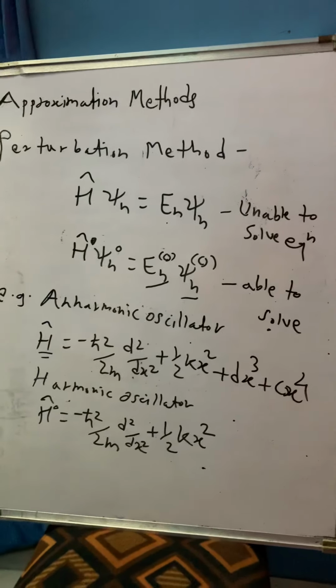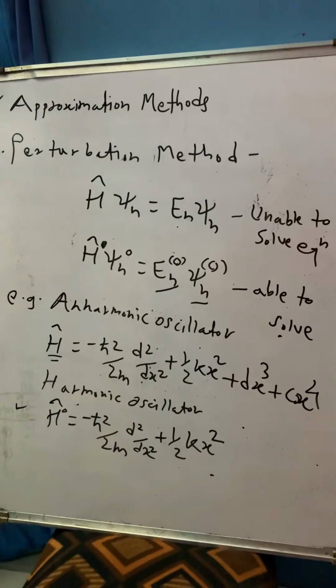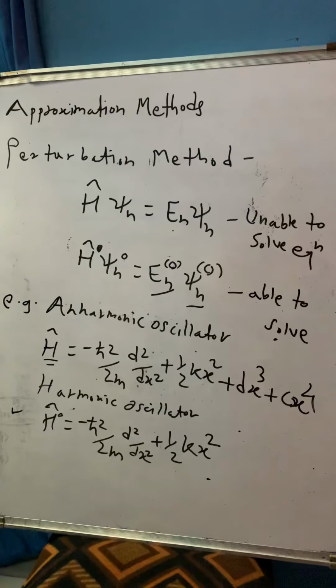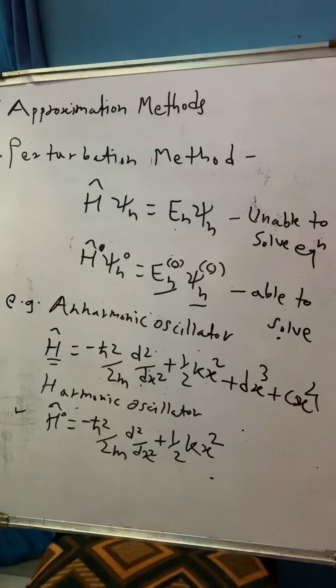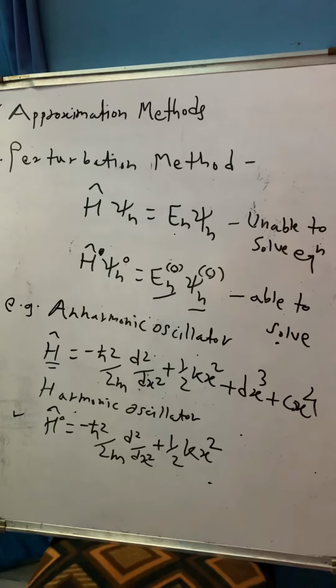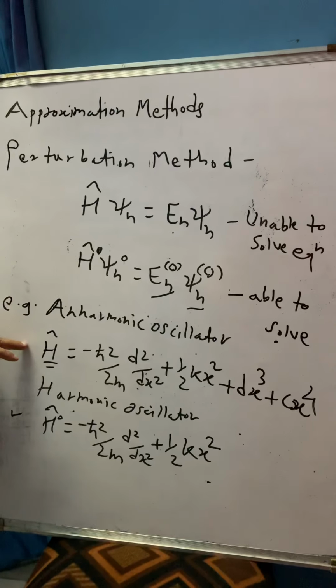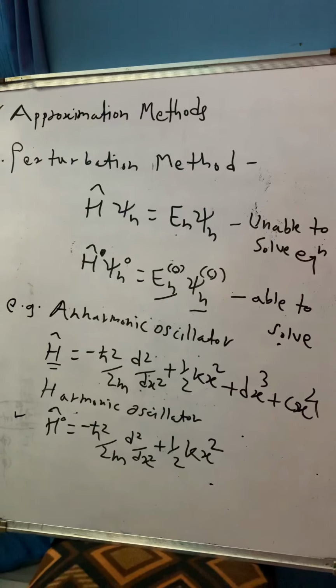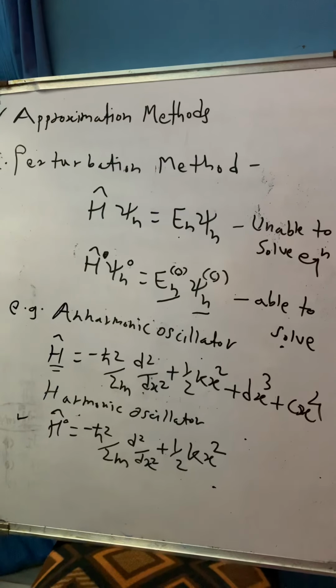Already we have seen the harmonic oscillator system, and we are able to solve the Schrodinger equation for the harmonic oscillator. Therefore we have to correlate the Hamiltonian for the perturbed system and the Hamiltonian for the unperturbed system.